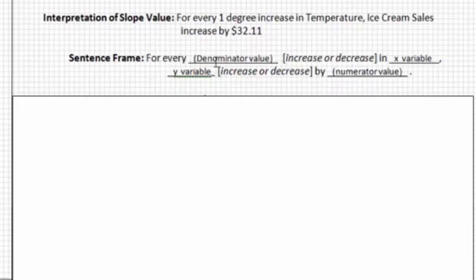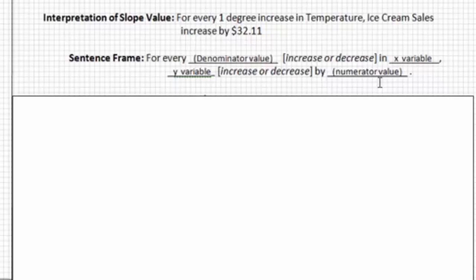For every, and then you enter in the denominator value from your slope calculation, increase or decrease, so we used increase, in the x variable, temperature was our x variable, the y variable, and then you select whether it's increasing or decreasing based on whether or not this is a positive value, by, and then what that slope value is, or what that numerator value is.